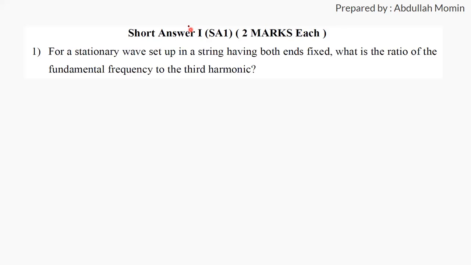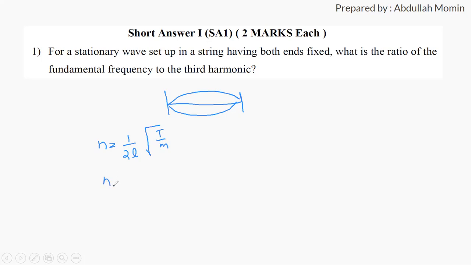Next, a stationary wave is set up in the string having both ends fixed. What is the ratio of the fundamental frequency to third harmonic? So when a stationary wave is fixed, the first mode is called the fundamental frequency, and the fundamental frequency is n = 1/2L root T by M, and the third harmonic, means second overtone, is equal to 3n.